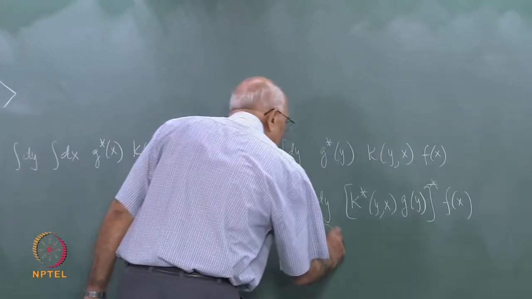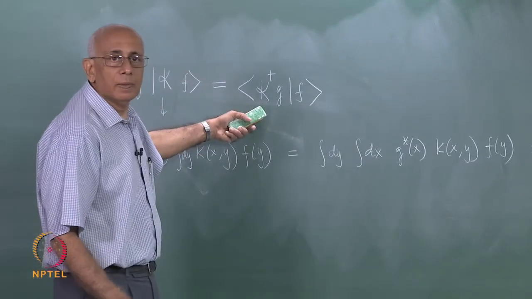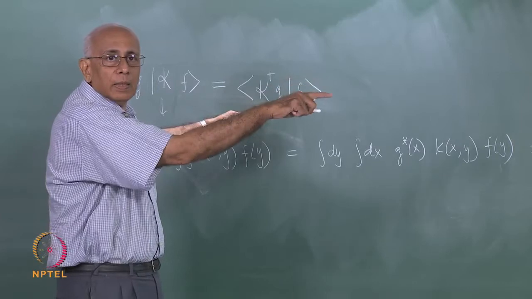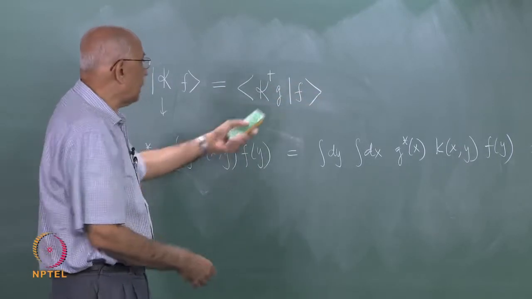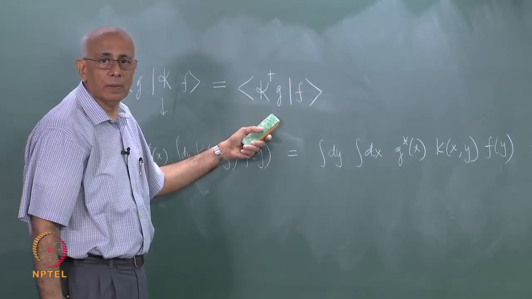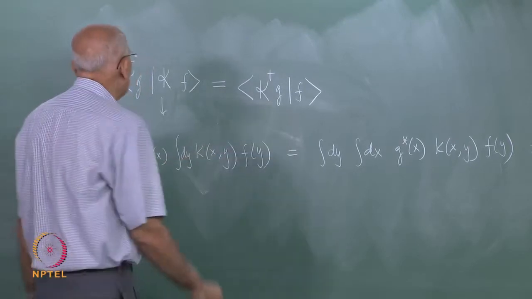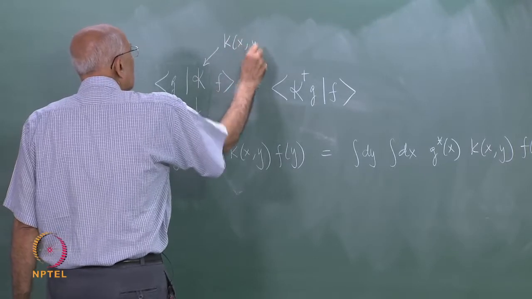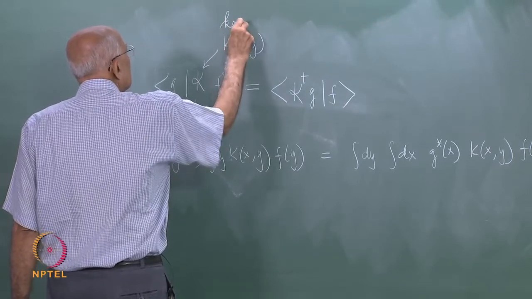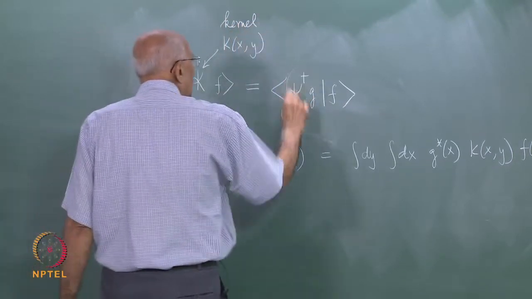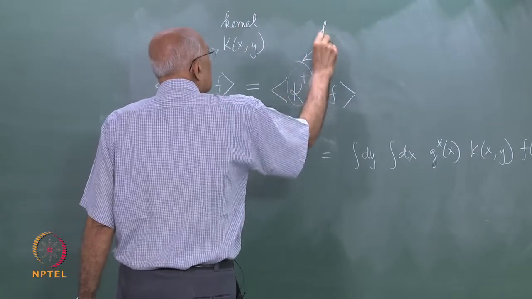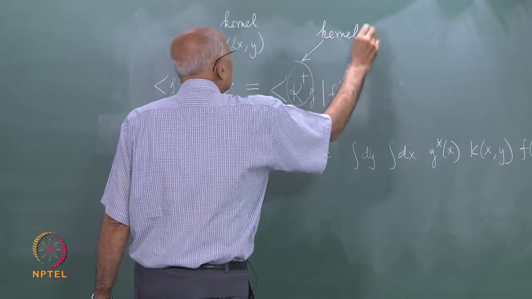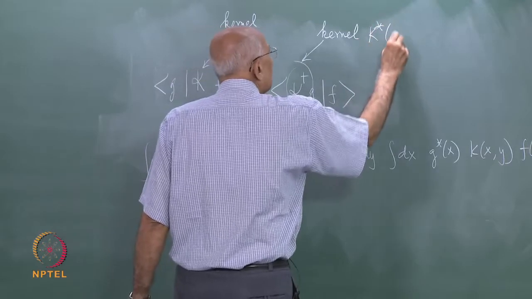But this guy here is precisely this, and when it is multiplied by f of x integrated over x, I get this thing here. So what does this mean? It means that if this is represented by a kernel k of x y, this operator is represented by the kernel k star of y x.